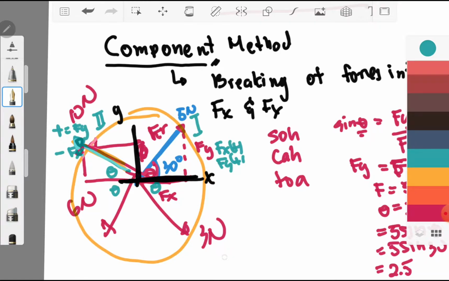If you are at the third quadrant, you have both negative fx and negative fy. In your fourth quadrant, you have positive fx and negative fy. This will be the sign configuration when you are dealing with your component method. And all the angles are always positive.